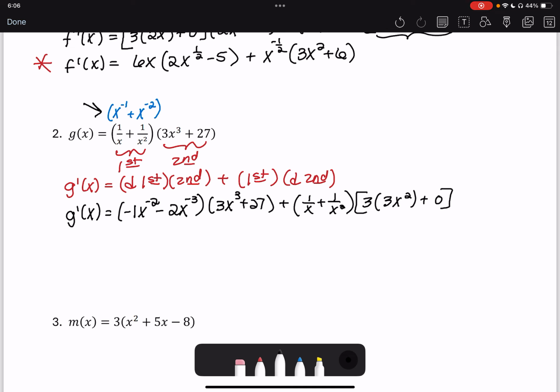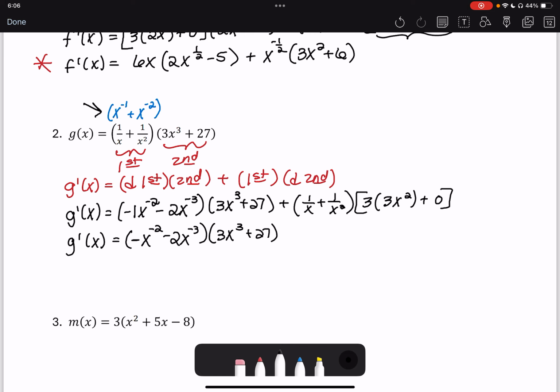All right, so let's just clean all this up just a little bit here. Okay, so g prime of x. All right, so there's not much we can do to clean up this first one, except we could drop the 1 there and just say negative x to the negative 2. Okay, and that'll be times the 3x cubed plus 27.